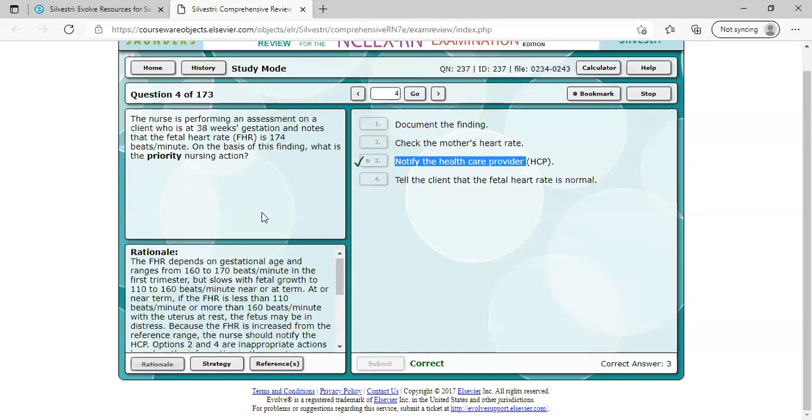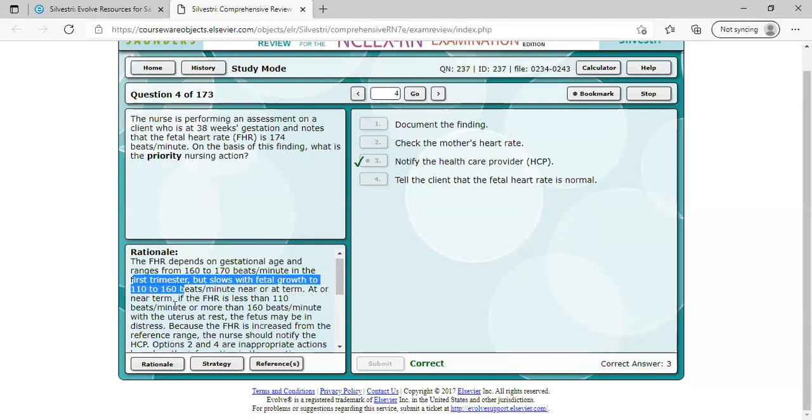The rationale: the fetal heart rate depends on gestational age and ranges from 160 to 170 beats per minute in the first trimester, but slows with fetal growth as the fetus gets bigger, and it should be 110 to 160 beats per minute near term. Here the examiner is talking about 38 weeks, so it is almost at term.